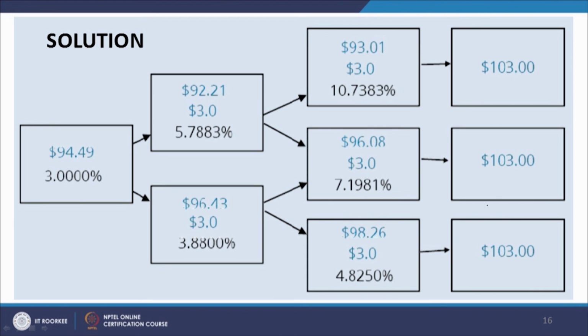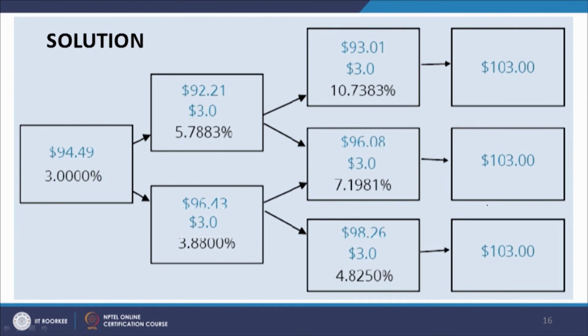This rate 10.738% will apply from t equal to 2 to t equal to 3, that is F23. So, F23 can take any of these three values: 10.738% or 7.1981% if from the upper node, and from the lower node it can take the values 7.1981% or 4.825%. Now, we proceed to the valuation, which I shall take up after the break. Thank you.